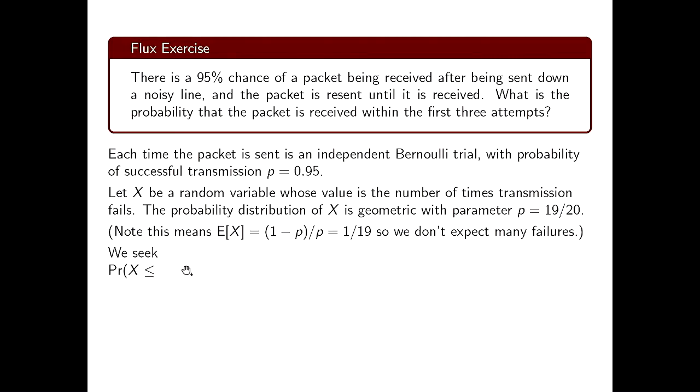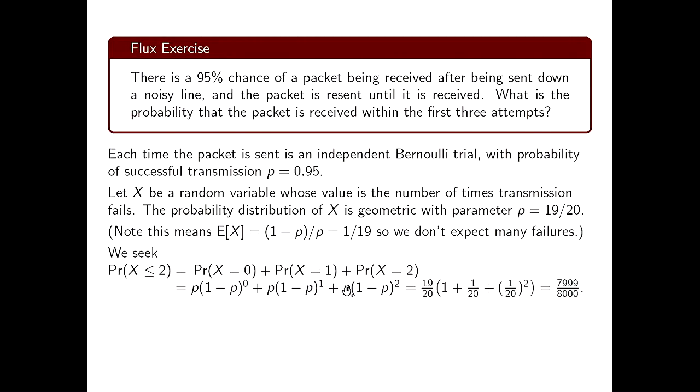We're interested in the probability that x is less than or equal to what? 2, right? Because at most 2 failures. And so that's the probability that x is 0, or x is 1, or x is 2. And we can plug them in to our formula. Probability that x is 0 is this, probability that x is 1 is this, probability that x is 2 is this. And if you work your way through it, you get 7999 on 8,000.